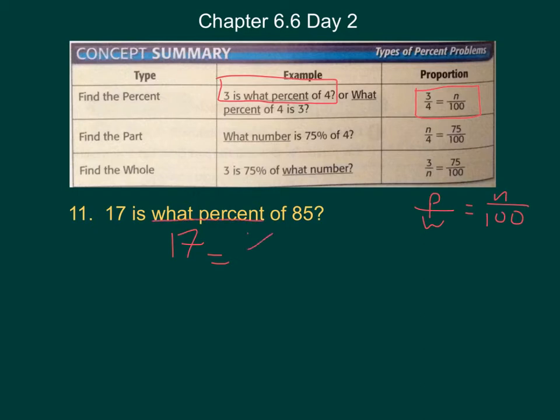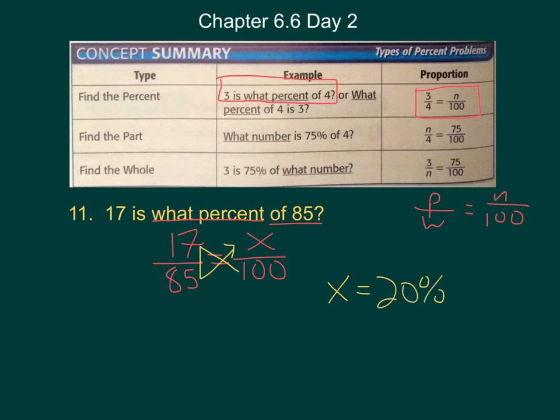We don't know what the percent is, but we know it's of 85. If we plug that in to a calculator and cross multiply it, we get x equals 20%. So 17 is 20% of 85.